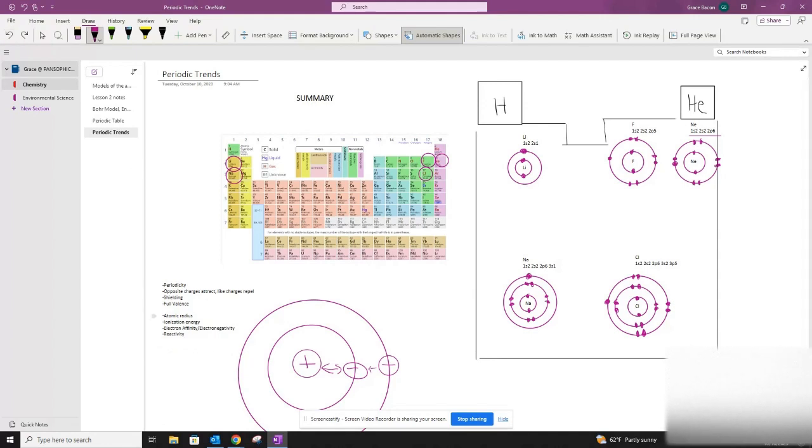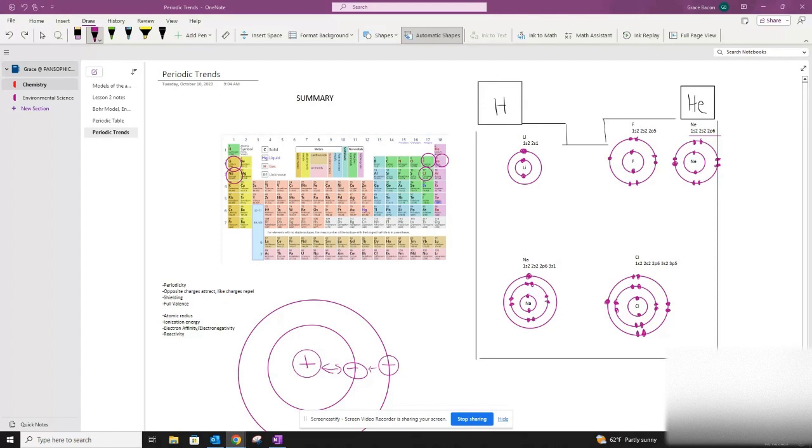So atomic radius is the size of an atom. It's just how big it is. And as we move across the periodic table, my atomic radius is going to change based on, if I have more energy levels, you can see, compare lithium to sodium, I have more energy levels, and so the further out I get, the more orbitals I've got, the bigger my atom is going to be.